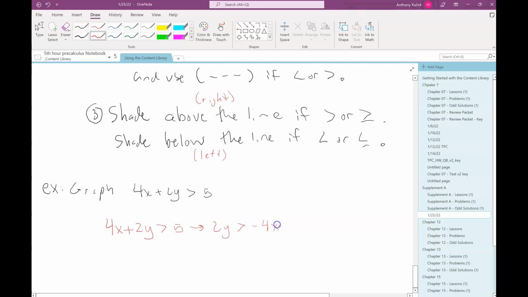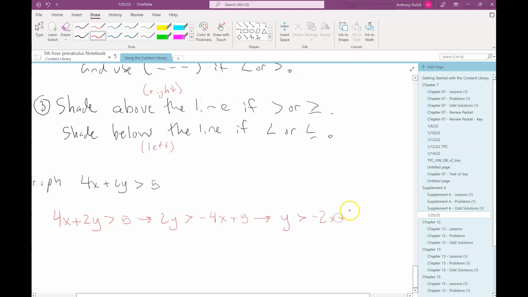So subtract 4x from both sides, and then divide both sides by 2. Remember, when we're dealing with inequalities, let's just make that a 6 or something. I don't want to deal with the stupid fractions.